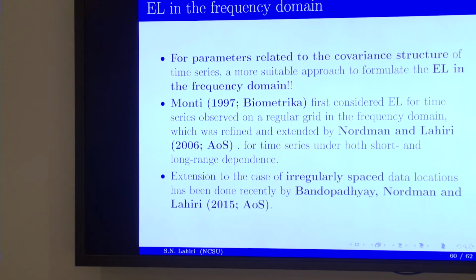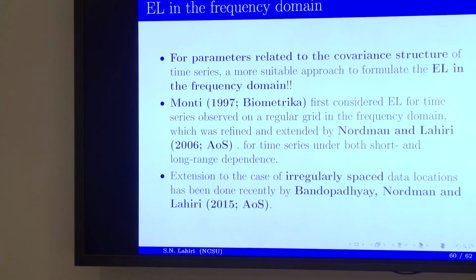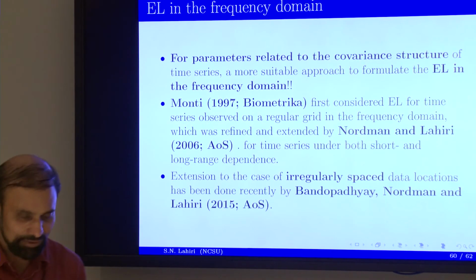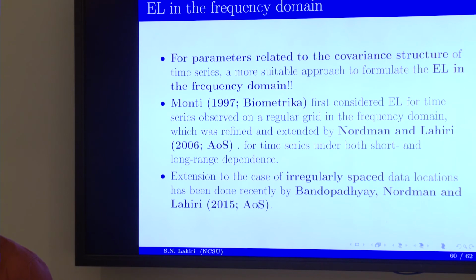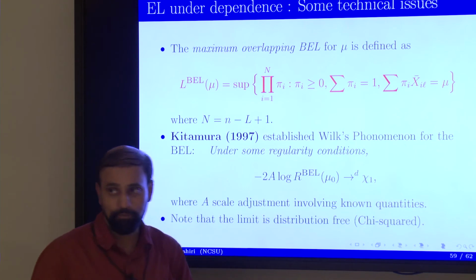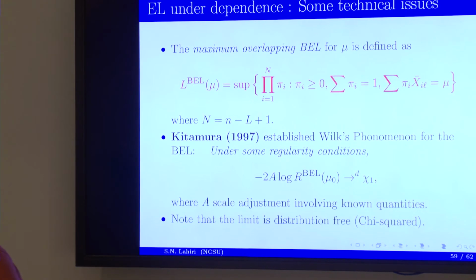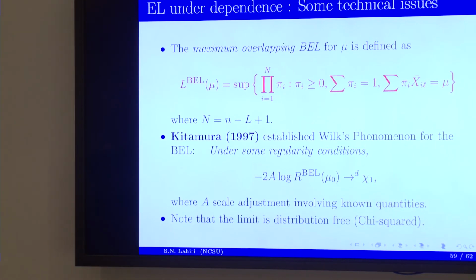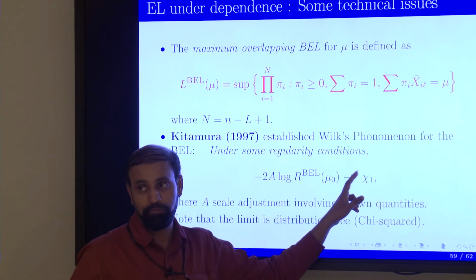All right. So that's what happens for the mean. If you're trying to do inference about the covariance parameters, it is more sensible to go into the frequency domain. Do not work with the time domain. The reason is this block size L. It has a lot of implications about the quality of approximation. Okay?